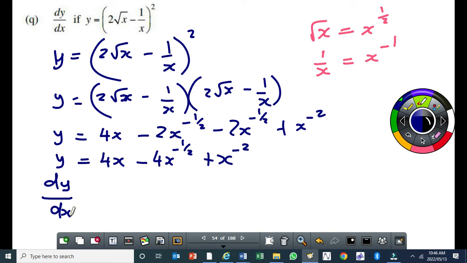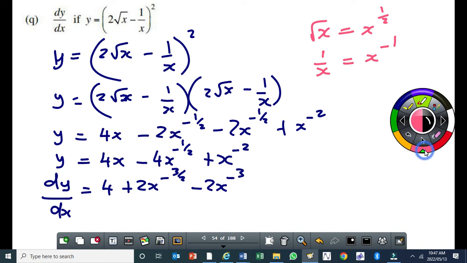There has to be a distinction there. Once you use rules, it becomes dy over dx. So the derivative of a linear term is the gradient of that linear function. Then minus a half times minus 4 gives positive 2x to the power of minus 3 over 2. Then that one becomes minus 2x to the power of minus 3. And then you are done.